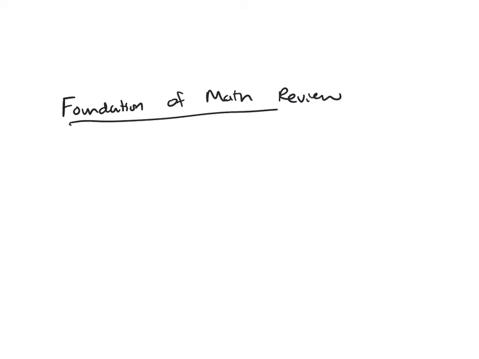So now we're going to start our review for our final. I grouped the topics that we've discussed into 4 groups. The first one is sets, and that was from chapter 1.